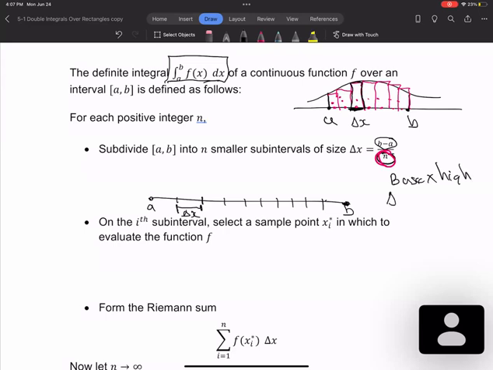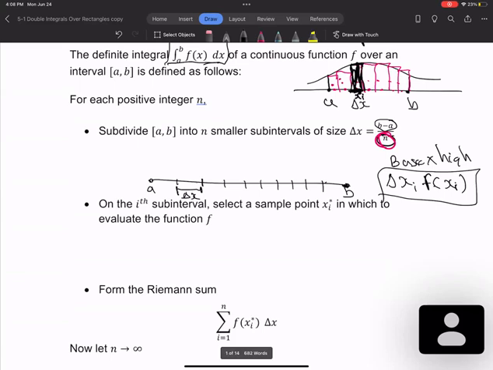The base was delta x, and the height, let's say this is xi star, so the height is f of xi star. So this is the area of this rectangle over here.